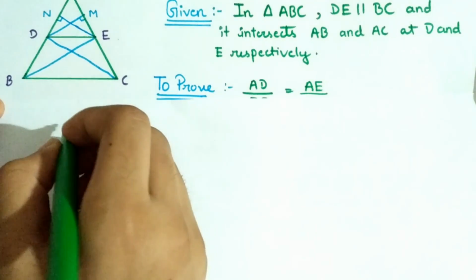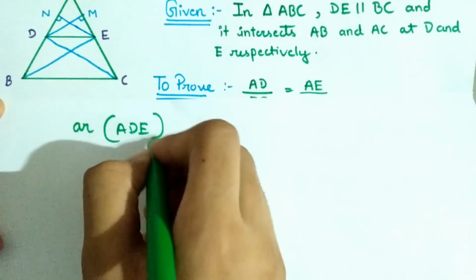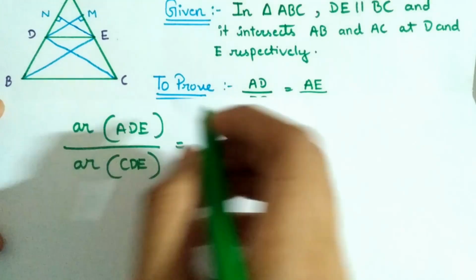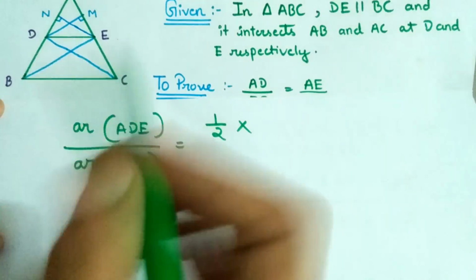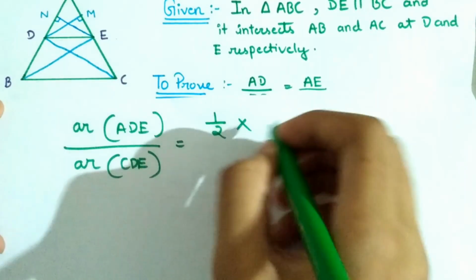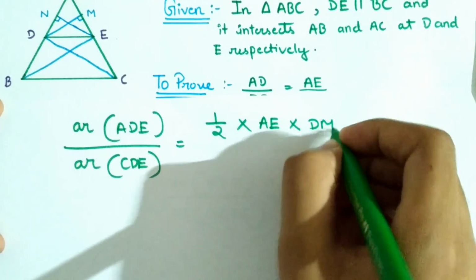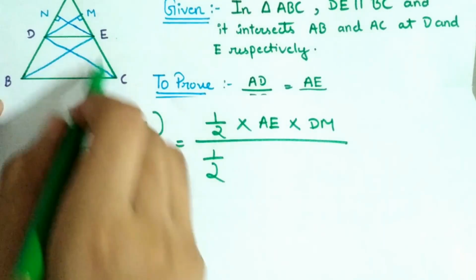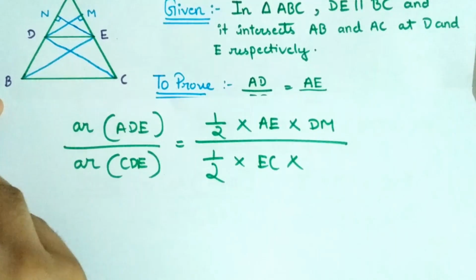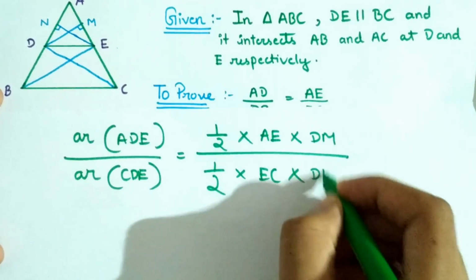Now you see here, proportionality in the same way we will do here. Area of triangle ADE by area of triangle CDE is equal to half into, in this case we have to take base as AE and perpendicular as DM, by half into base EC into, in the same way, it is an obtuse angle triangle, so the perpendicular will form outside the triangle, so this will become the perpendicular DM.